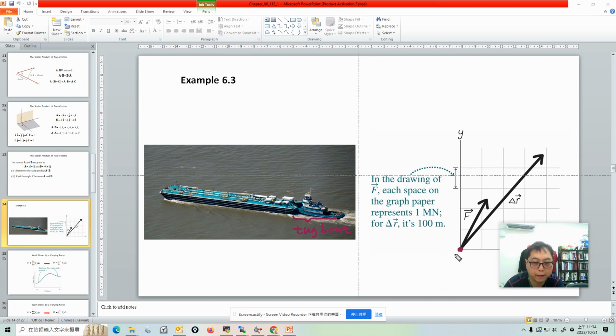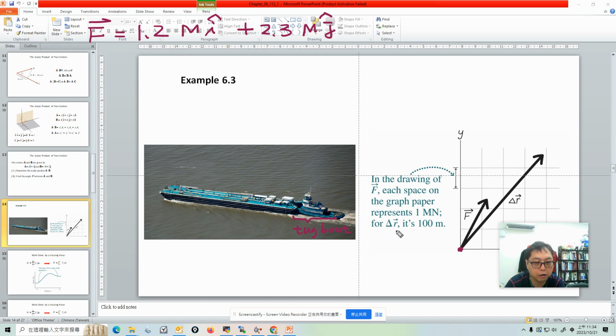He's pushing the ship, and the force done by this tugboat, the problem says, is 1.2 mega i plus 2.3 mega j. Here's the force exerted by the tugboat.